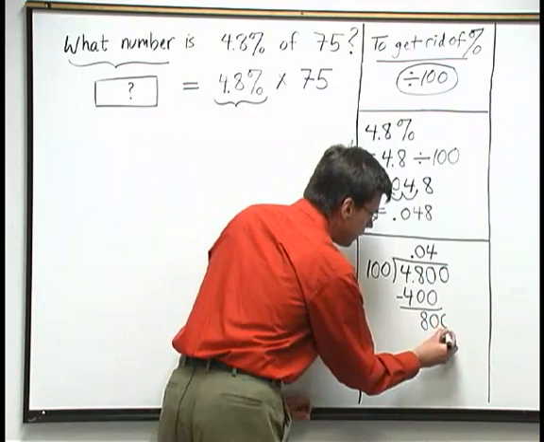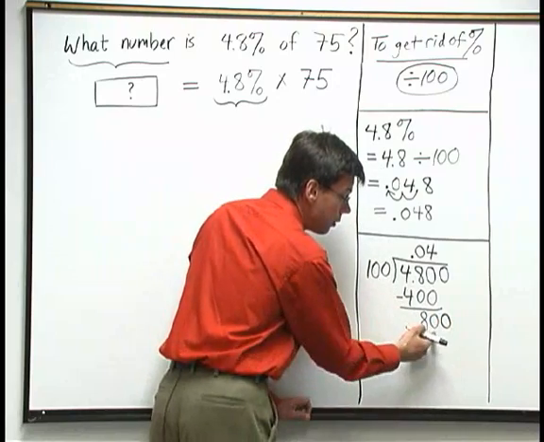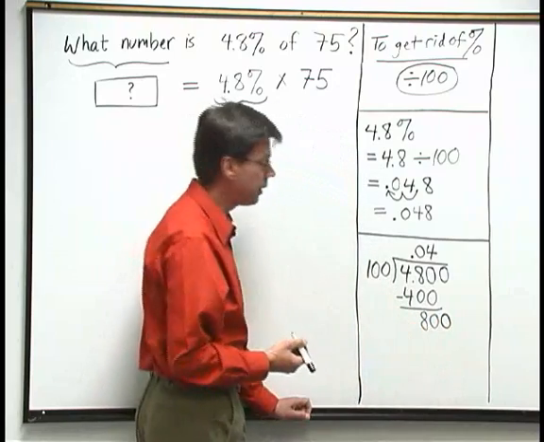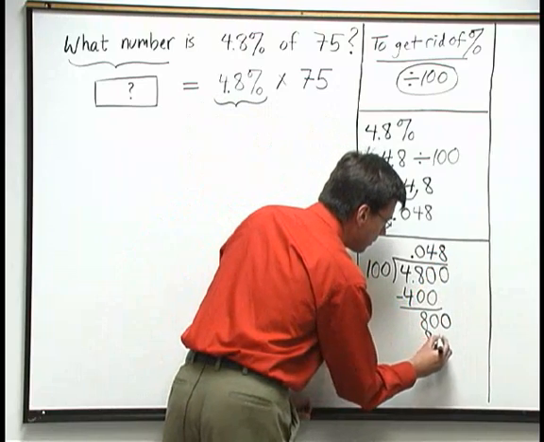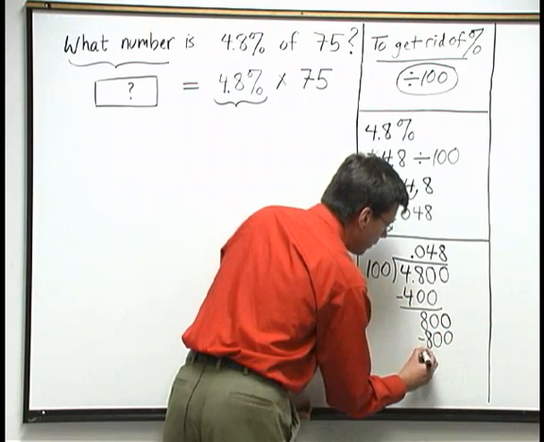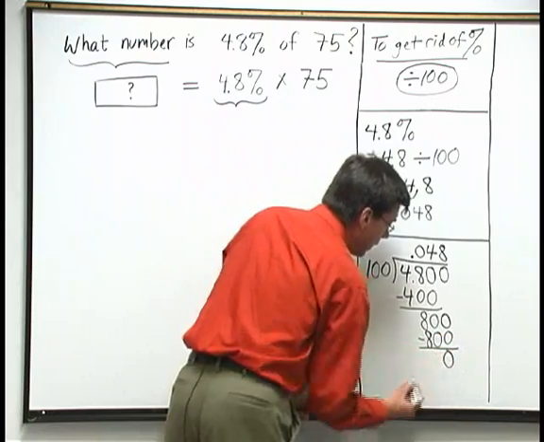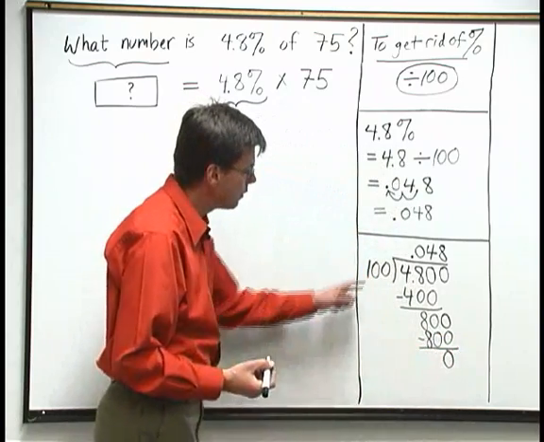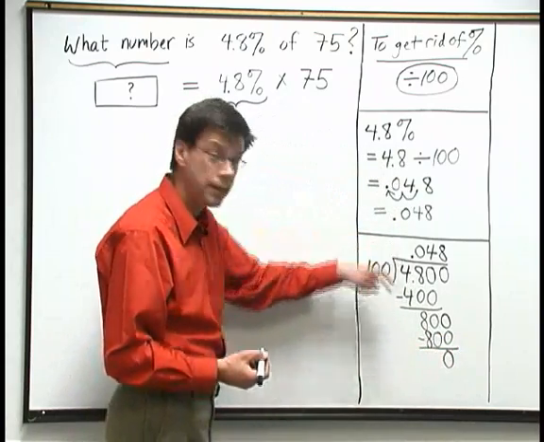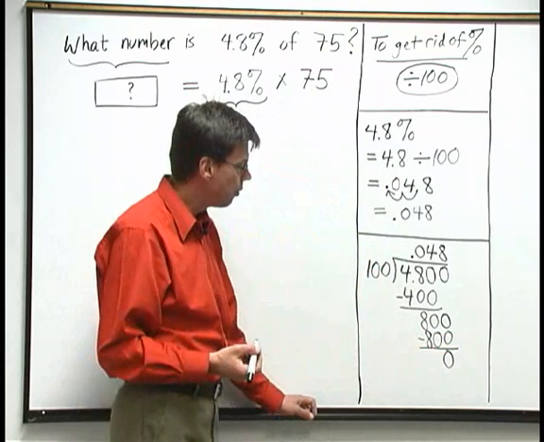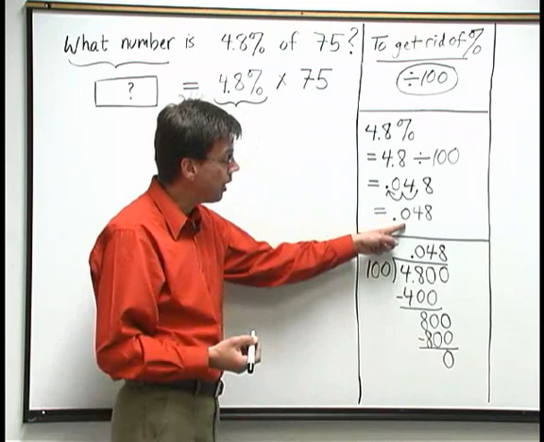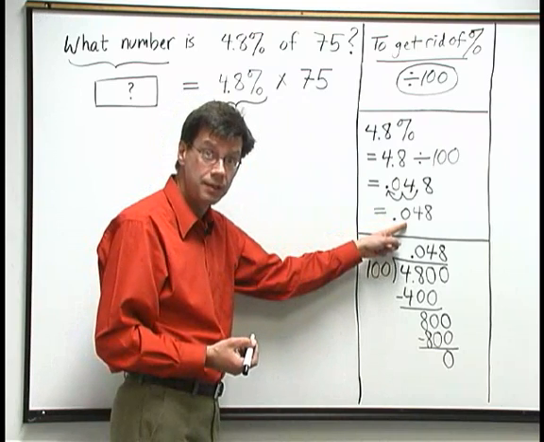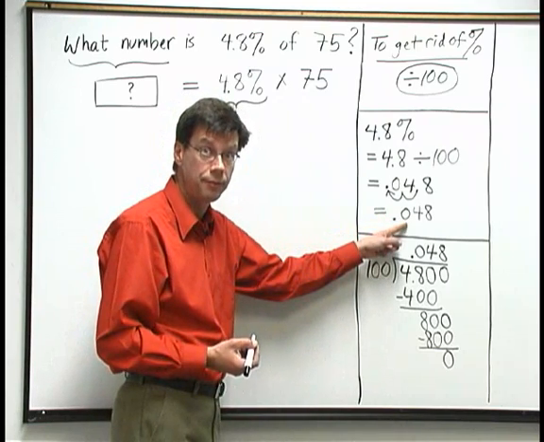Bring it down. And think about 100 going into 800. 100 goes into 800 8 times. 8 times 100 is 800. Subtract. And I got 0 remainder. So there I get 0.048 when I divide 4.8 by 100. That's exactly what we got here when we move the decimal point 2 places to the left.